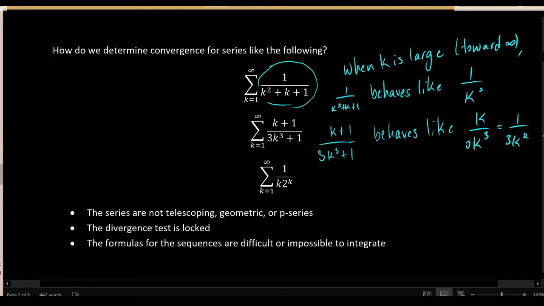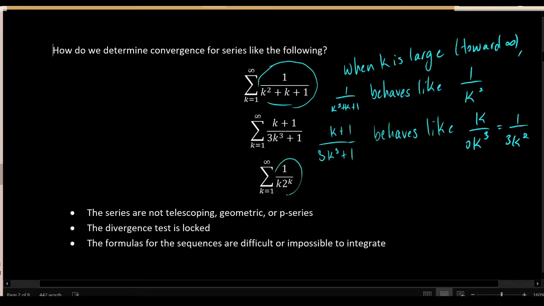Just a constant multiple of 1 over k squared, and so once again, the p-series test would imply that this series on the right side would converge. Because our series is similar to that one, would our original series also converge?